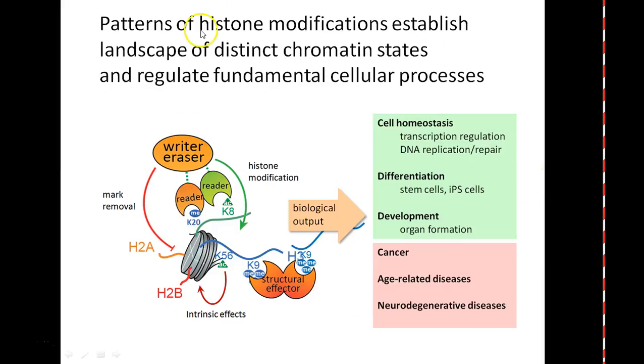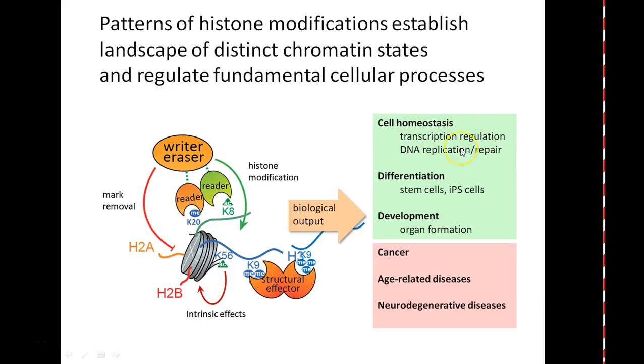So maybe this figure explains better. So there is a dynamic interaction between all of those writers, erasers, and readers. And this, of course, impacts different cellular processes. It's very important in maintaining cell homeostasis.